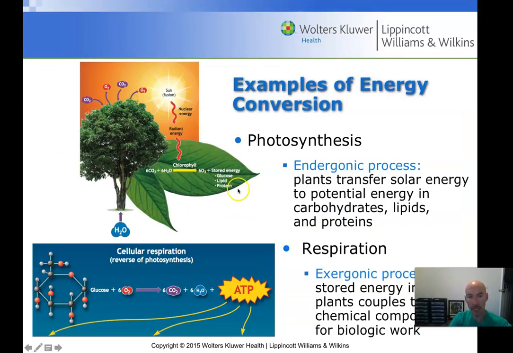So here we have some examples of the energy conversion. I've already talked about this somewhat, so we're not going to go through this too much now, but here it gives examples of, again, the endergonic process of how energy is transferred from the sun into plants, and potential energy is built up in this endergonic process by the production of carbohydrate, which is really what plants are.